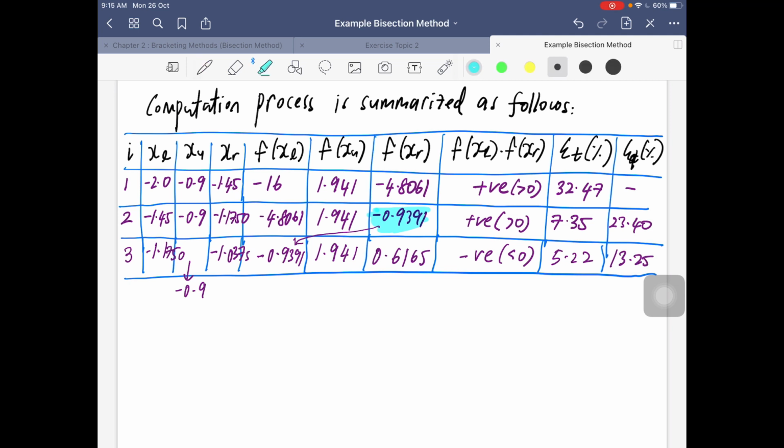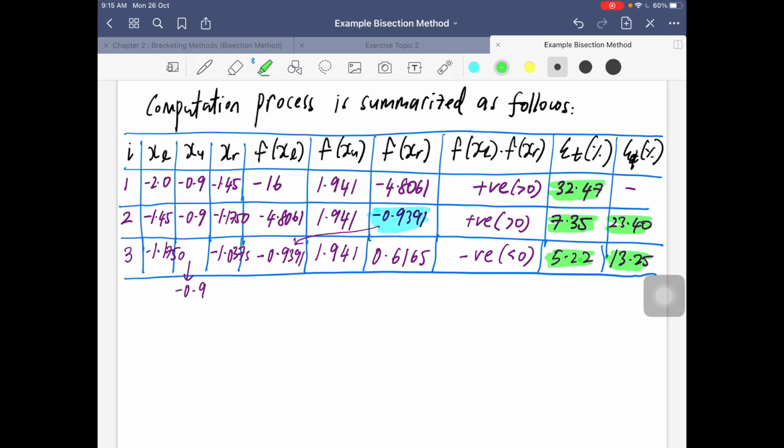From the errors, remember as I discussed in the first Google Meet session, your true percent relative error and approximate percent relative error reduce from one iteration to the next. It gives you the sign that your calculation converges toward the true solution, and that what you did may be correct.